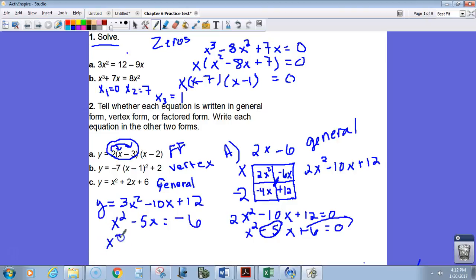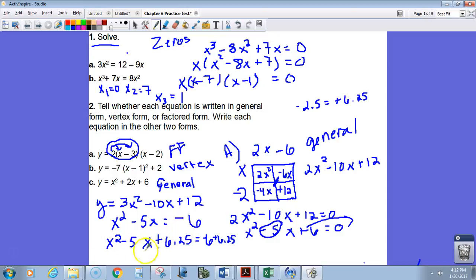So I have x squared minus 5x. Half of negative 5 is negative 2.5, and if I square it, that is positive 6.25. And I'm going to add 6.25 equals negative 6. But remember, what I do to one side, I have to do to the other. So if I added 6.25 over here, I have to add 6.25 on the other side.